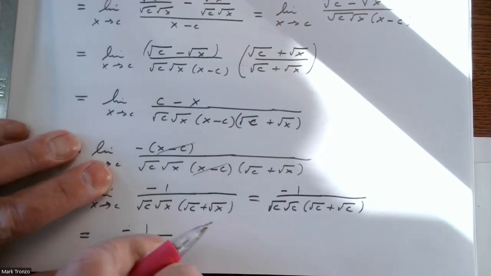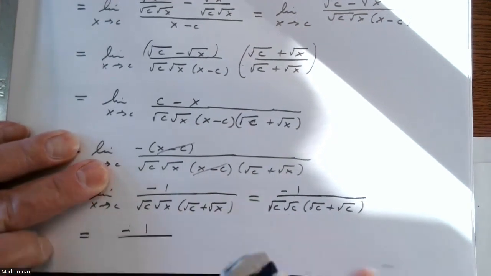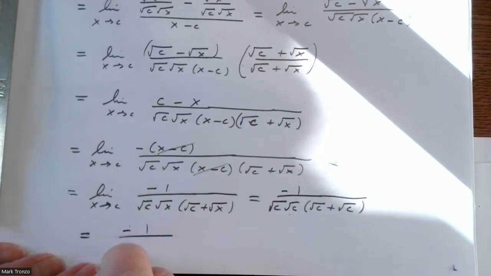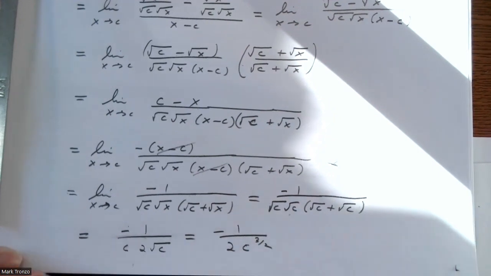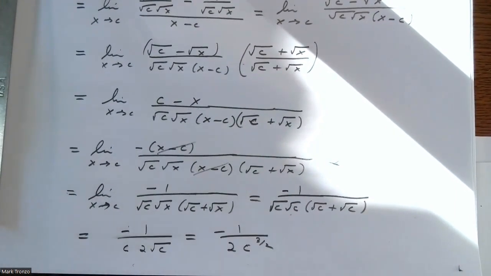Let me write it as I said it so it's real clear: -1 over, and then we can call that 2c to the 3/2. Any question on that? See if that all makes sense.